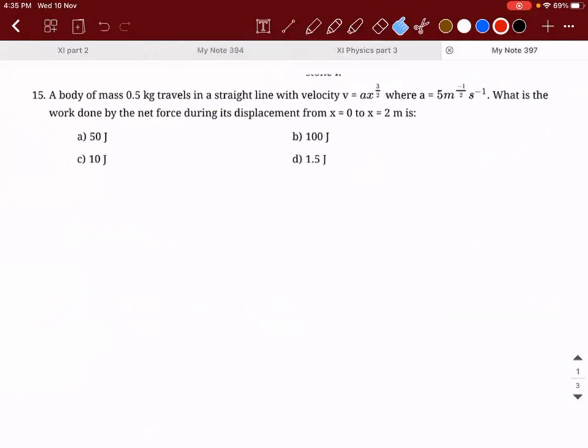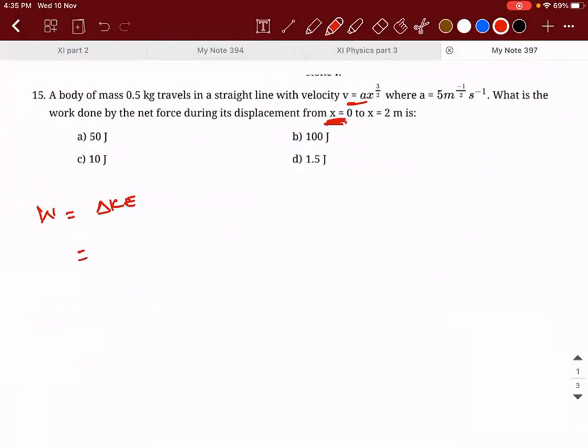So v equals a x power 3 by 2, right? What is the work done? Work done is equal to the change in kinetic energy, is it not? That's what the work energy theorem states. The body travels in a straight line. What is the work done during the displacement, x equals 0? When you put x equals 0, what is the velocity?